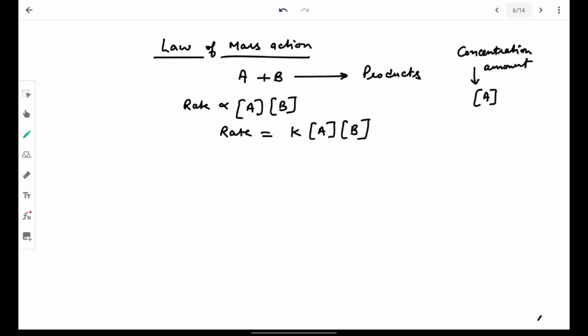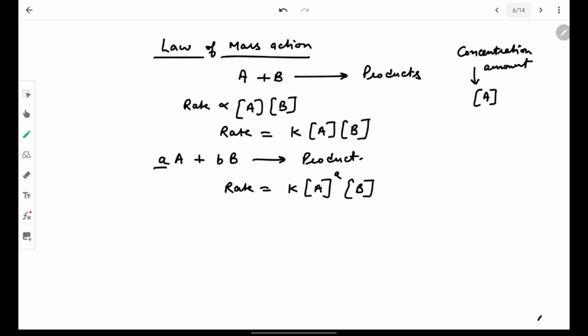Now, we change this into a specific reaction if there are coefficients in the balanced chemical equation. These coefficients normally go to the powers of the concentration terms. That means small a will go over the concentration of A and small b will become the power of the concentration of B. For example, 2H2 plus O2 giving 2 molecules of water.